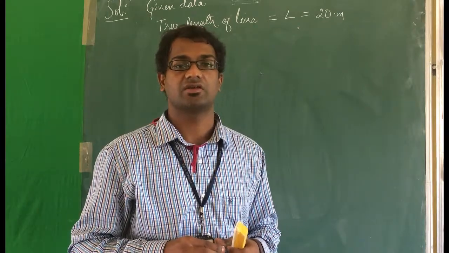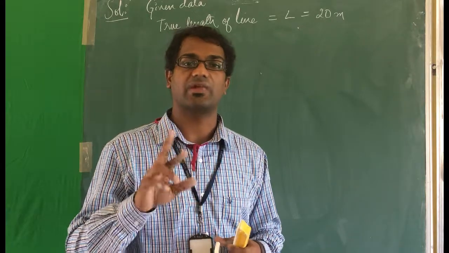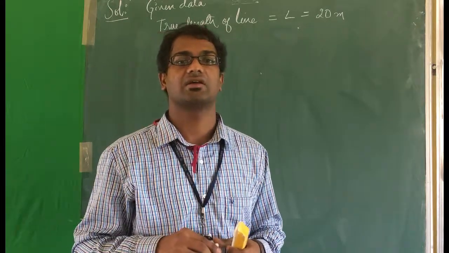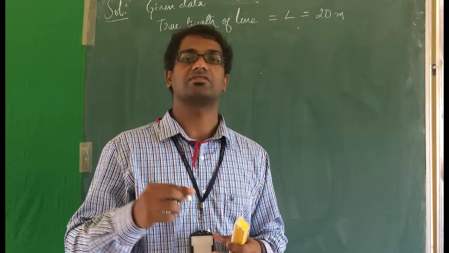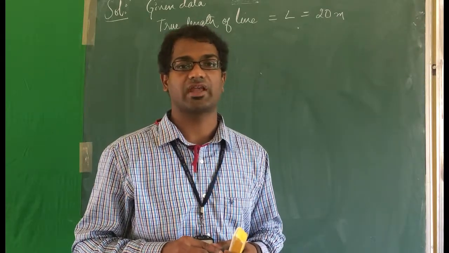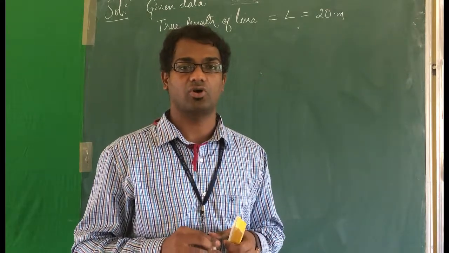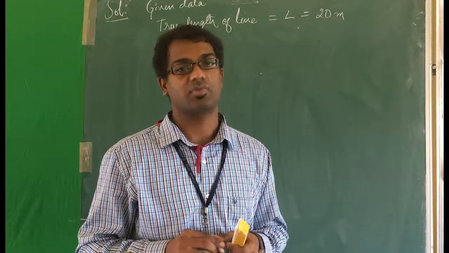Which means, in the equation we have discussed, you have to take either plus or minus error. If it is long, you will take plus. If it is short, you will take negative. So here we have too long, which means you have to take positive error.